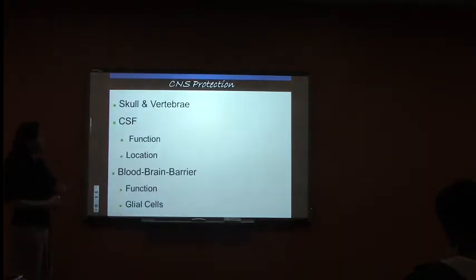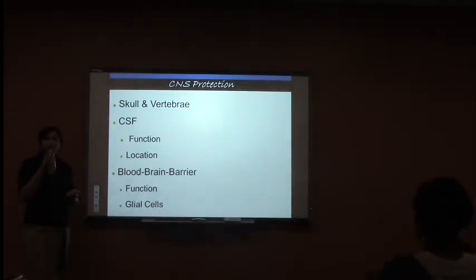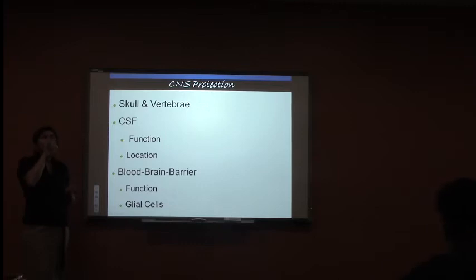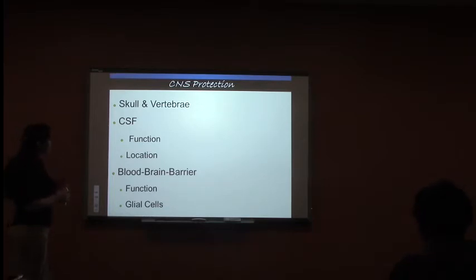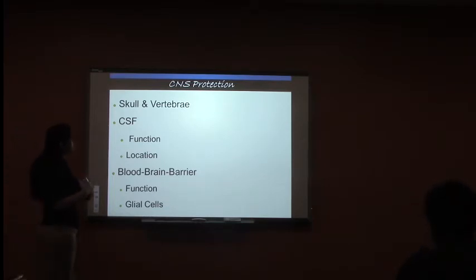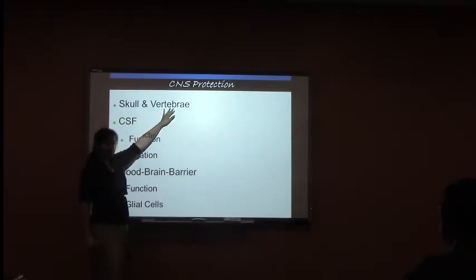Now let's talk about the protection. How is our brain or the central nervous system protected? Now, our central nervous system is protected by 4 different mechanisms. One is skull and the vertebrae.